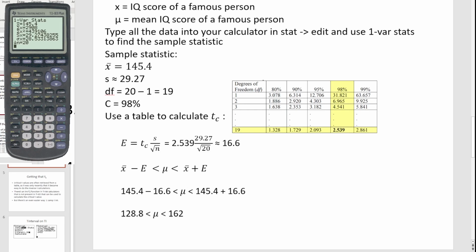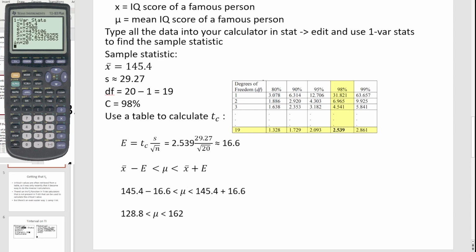Then we need to calculate our margin of error. This is this t critical value times s over the square root of n. This is 2.539 times 29.27 divided by the square root of 20. We should get about 16.6 here.